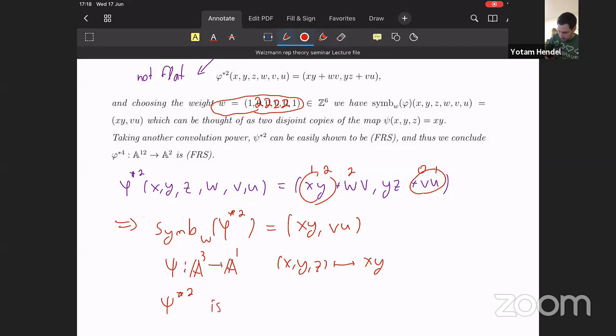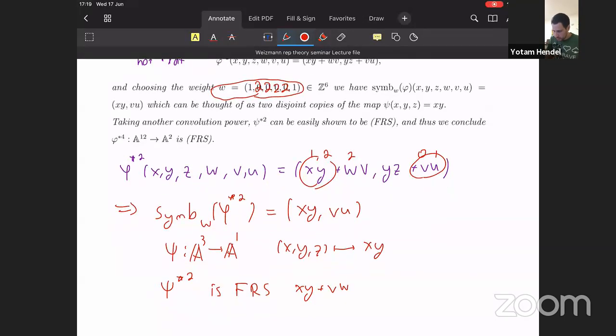This guy is FRS, so this is like X. Okay, so this is something like XY plus VW. And this guy is just a Cartesian power of these two guys, and this is already FRS.